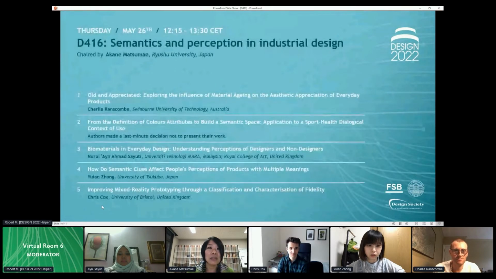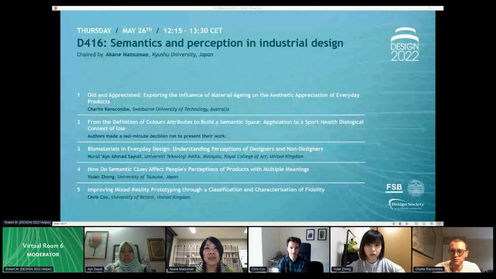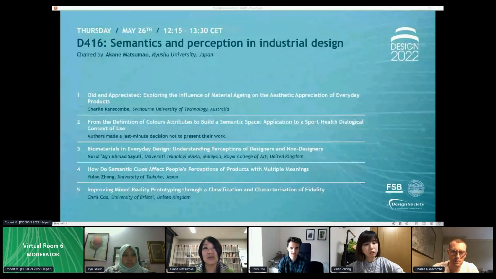Substantially, the second one is biomaterials in everyday design, understanding the perception of designers and non-designers by Ion. And then the next, how do semantic clues affect people's perception of products with multiple meanings, by Yulan. And lastly, improving mixed reality prototyping through a classification and characterization of fidelity by Chris.